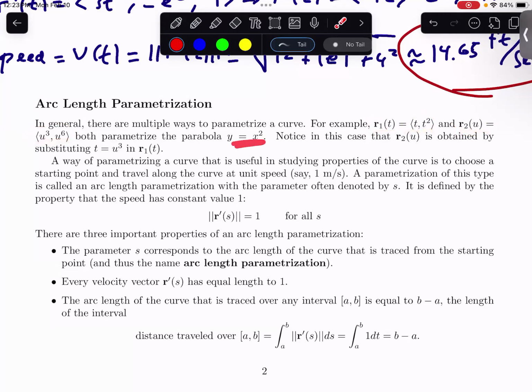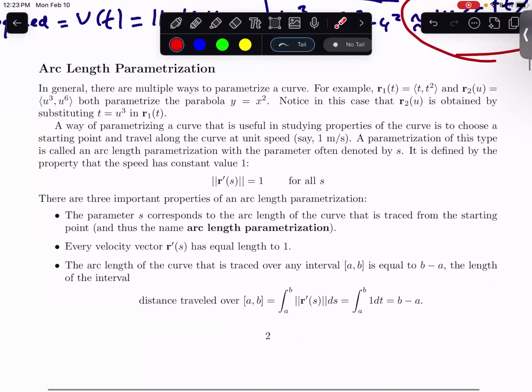You can see this by letting t equal u cubed. Even though they're written differently, they still give you the exact same parabola. So you can parameterize the same parabola just by using different units, as long as you're smart about how the units relate to one another.